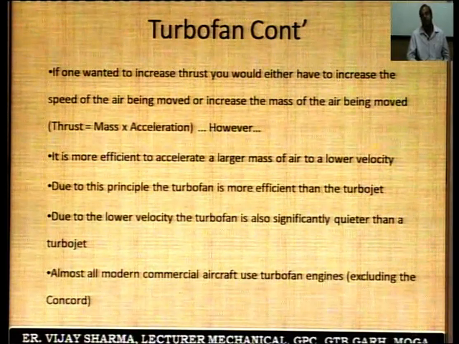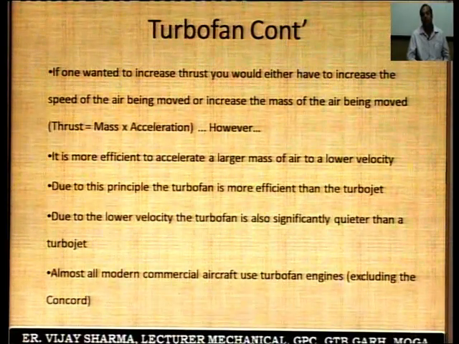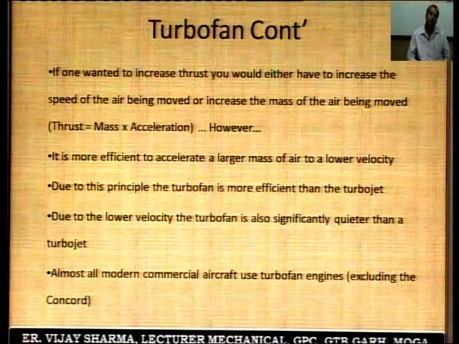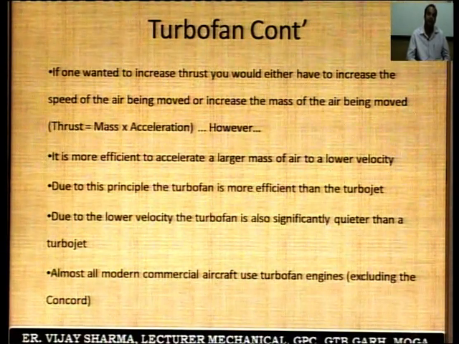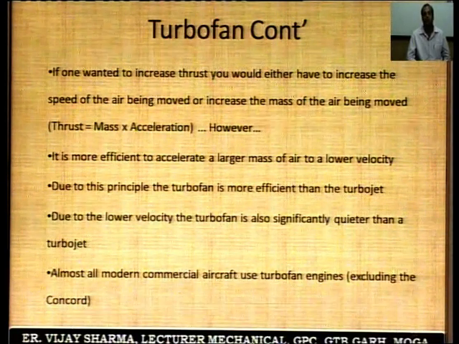And thrust is equal to mass times acceleration. So it is clear from the formula, either we have to increase the mass or we have to increase the speed. The second point is, it is more efficient to accelerate a large mass of air to a lower velocity.